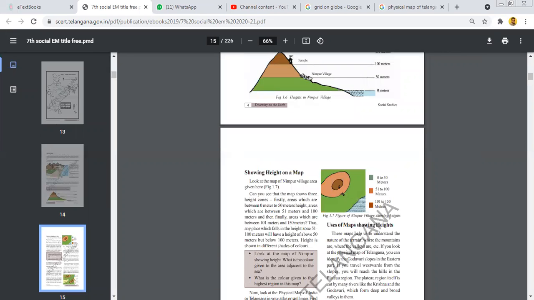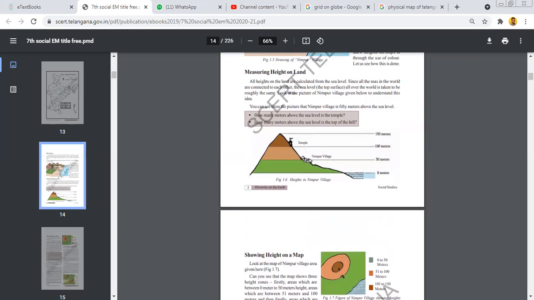That's why first of all we try to calculate the height of the hill. Here we have taken sea as base. From sea level, the village is located 50 meters above the sea level. Usually we calculate the height in meters when we calculate height from the sea level.